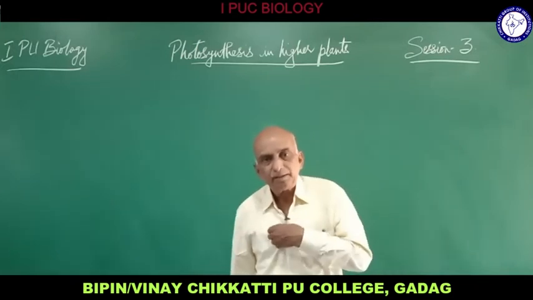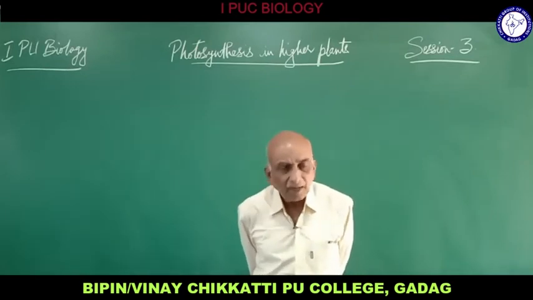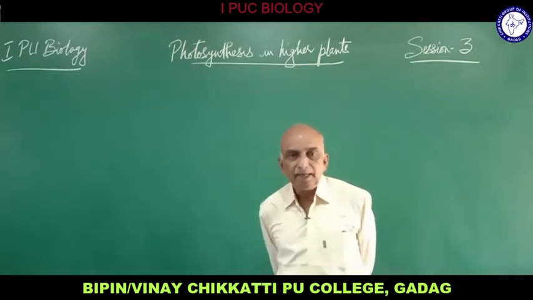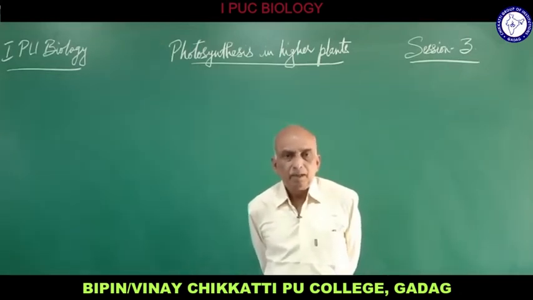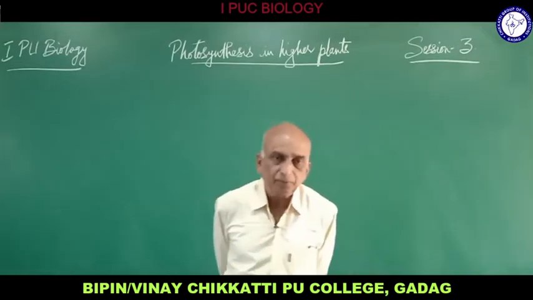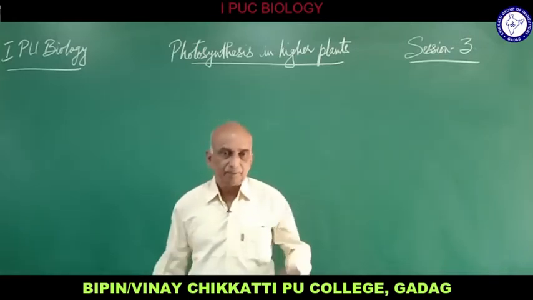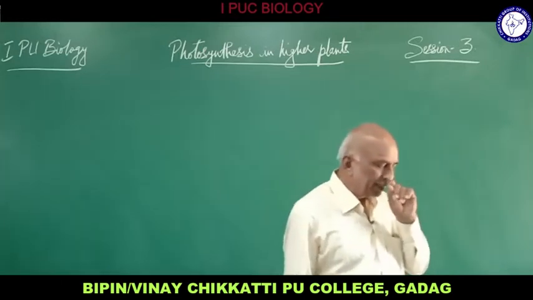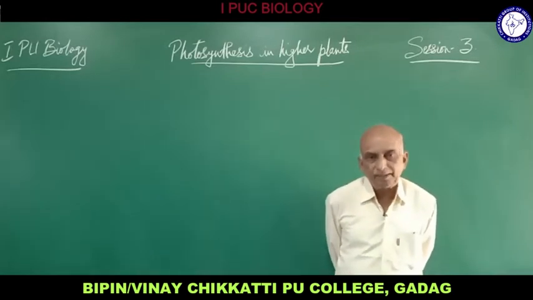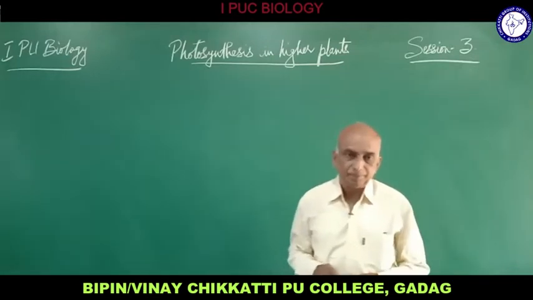It then passes the electrons to FRS, and then these electrons are accepted by a compound called NADP. NADP is a compound whose full form is nicotinamide adenine dinucleotide phosphate. When NADP receives the electrons, it is now called NADP2E, that means 2 electrons are added to NADP.